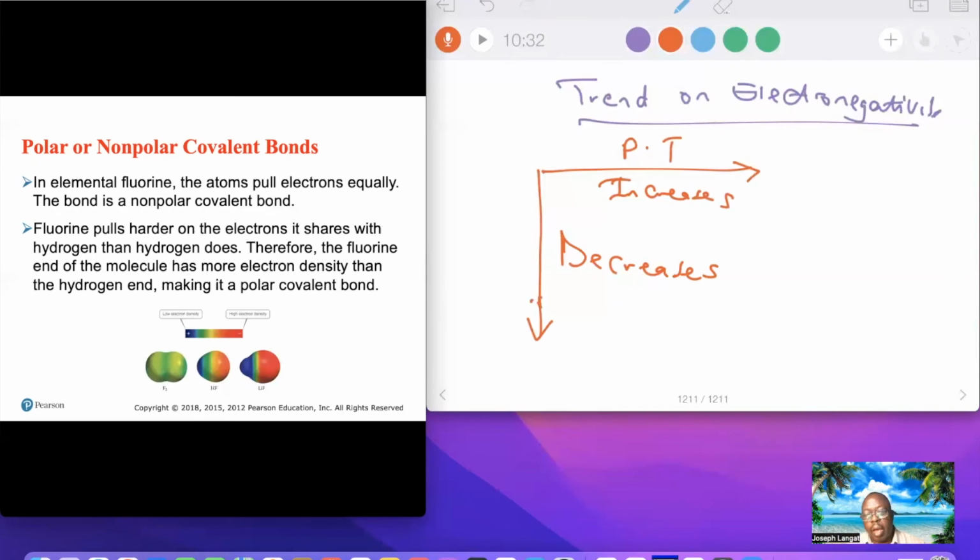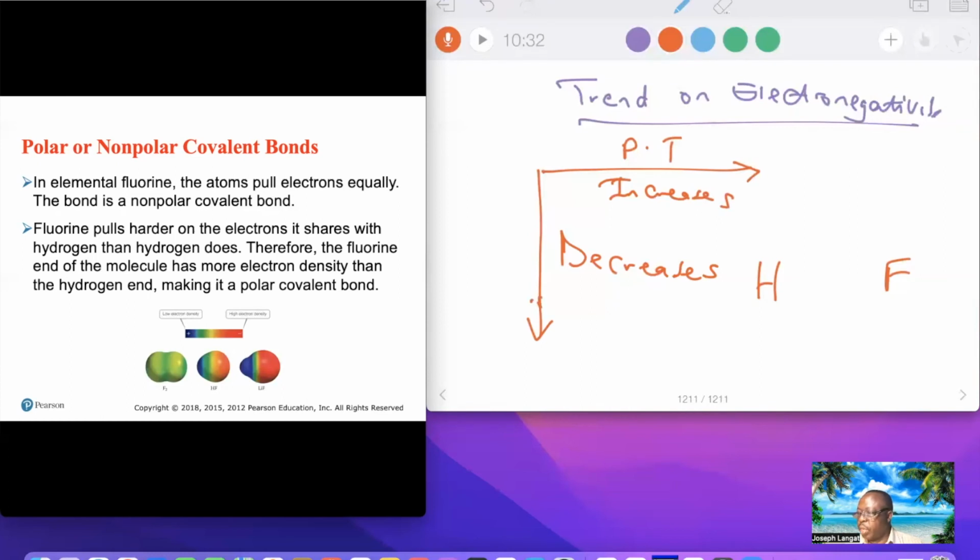Of course, if there are two same atoms, such as hydrogen gas, there is equal sharing. But now, hydrogen is on this side of the periodic table, fluorine is on this side.